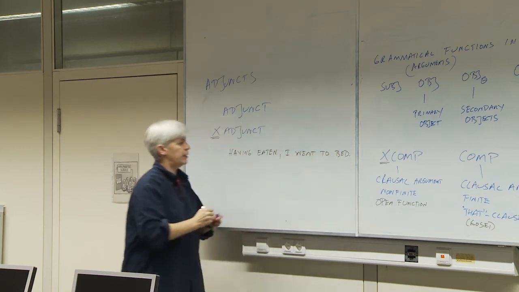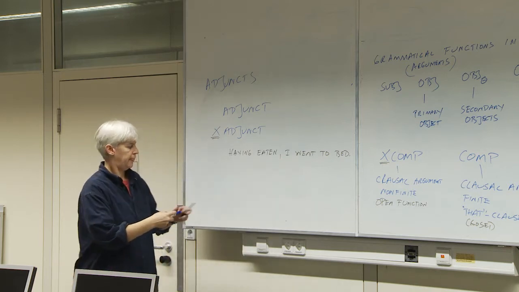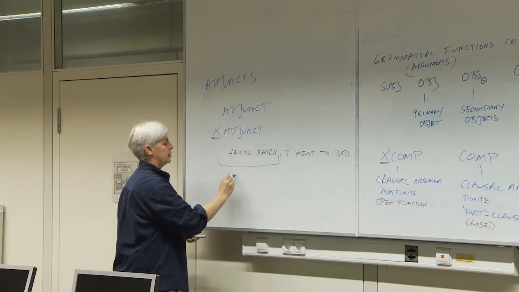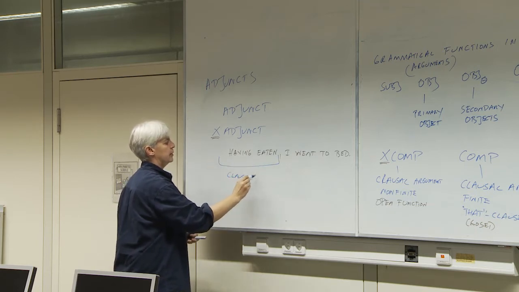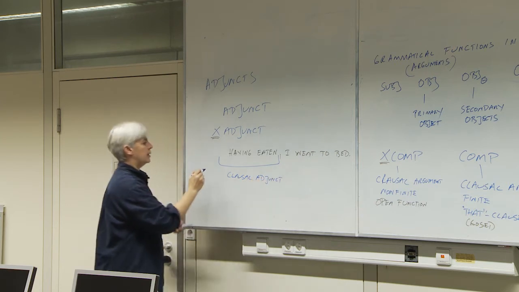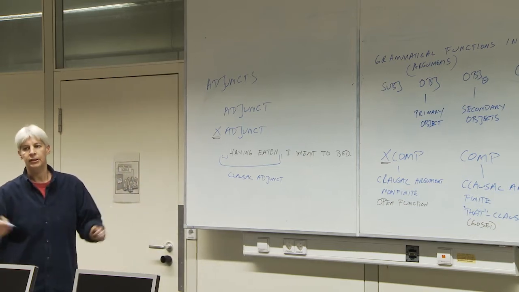So I went to bed is the main sentence. And this is a clausal, not argument this time, but adjunct. Just like with the XCOMP, there's a subject there, right? So who did the eating?